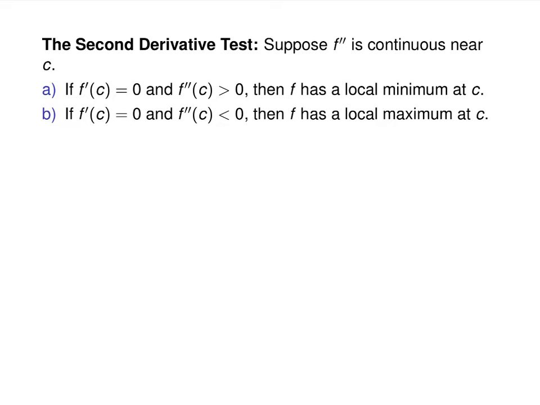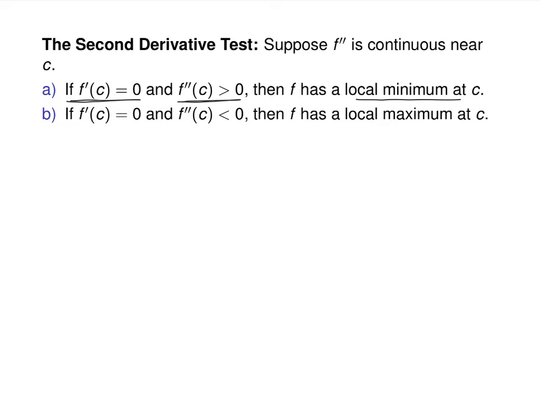Okay, now another thing that the second derivative is useful for is determining if something is a max or a min. So it's kind of a cool test. If your first derivative is 0 and the second derivative is positive, then F has a minimum at that point. So think about what these things mean.